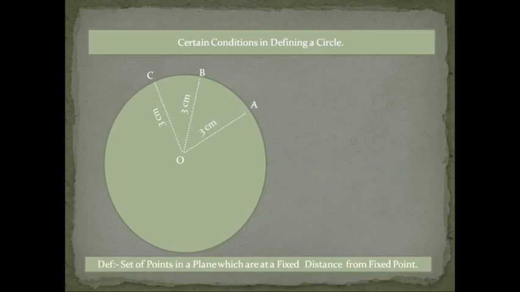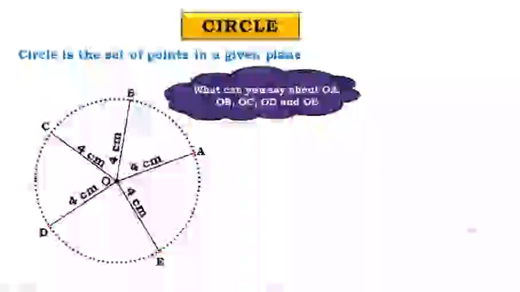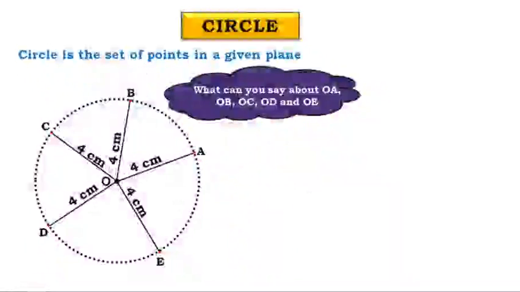So we can define a circle as a set of points in a plane which are at a fixed distance from a fixed point. Now observe these points very carefully: OA, OB, OC, OD and OE. What can you say about these points?